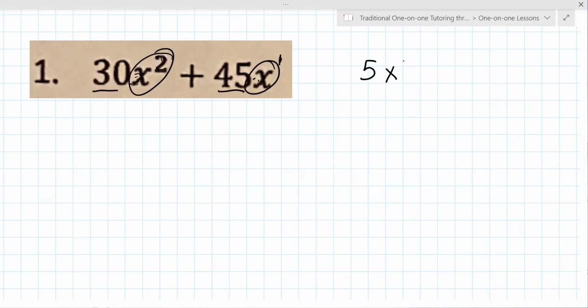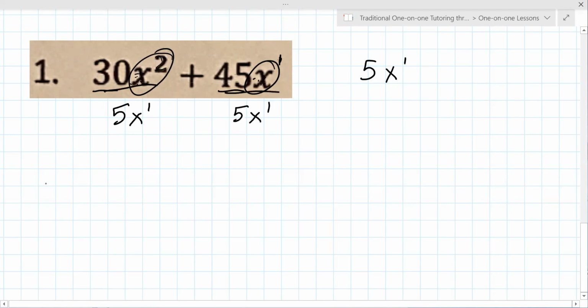Okay. So again, which is the smaller exponent, 2 or 1? 1. So this is what you're going to divide both terms by, 5x to the power of 1, and then you're going to write that on the outside here. So when you divide 30 by 5, what is that? 6.